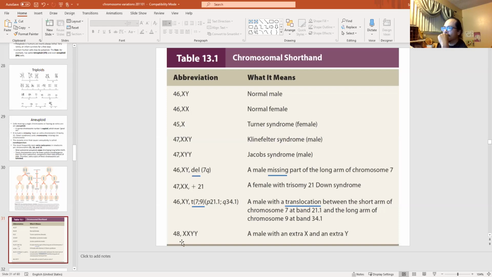So this is very easy. If we have an exam, I can probably have a quiz on this, for example 47, XX, plus 21, and I can have a list of options such as trisomy 21, or Turner syndrome, or the deletion of this or missing of that, translocation of this, translocation of that, something like that, right?